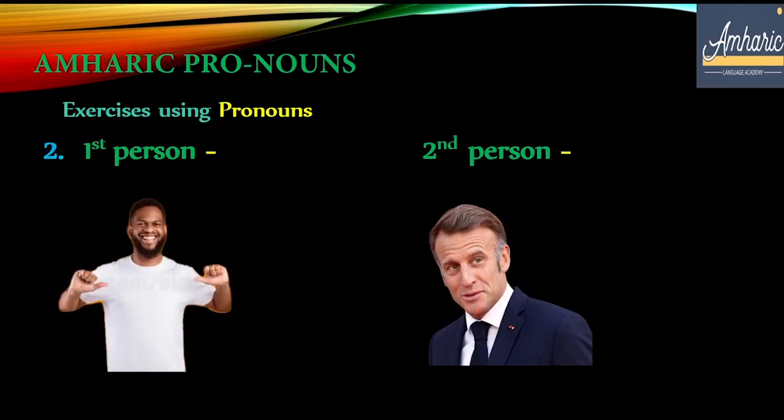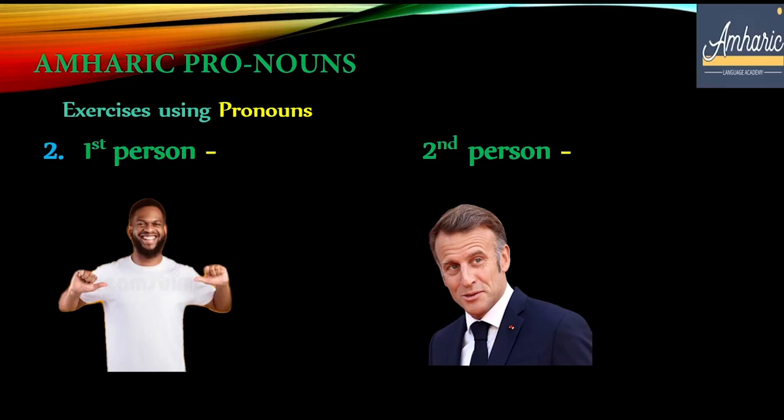Okay, what do you say to him as a first person? What does a guy say of himself? I. Yeah, good. In Amharic, ani, the singular pronoun for first person. As a second person, yeah, you could say anta, but you can say it is a French president, a government official.